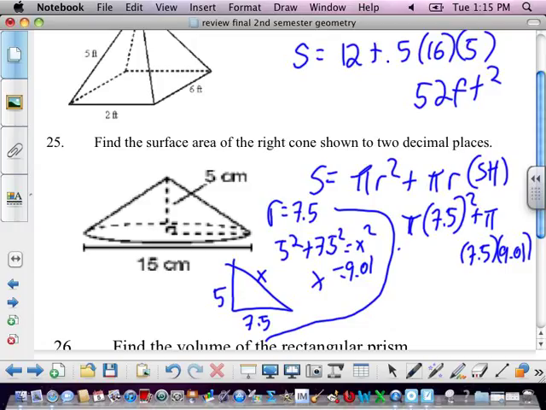So the surface area is approximately 389 centimeters squared. Is that correct? Number 25. Yeah.